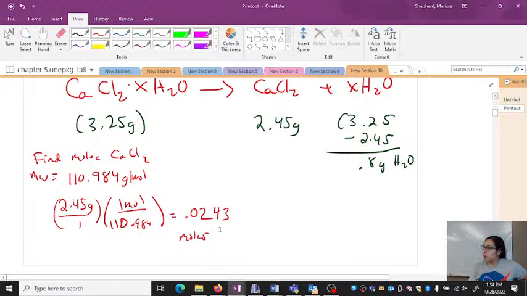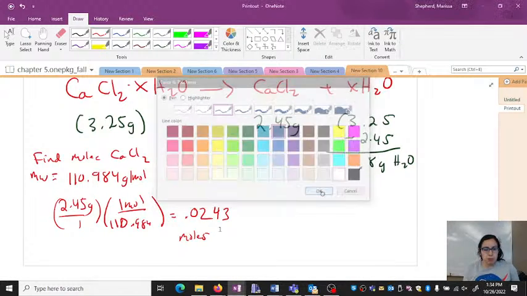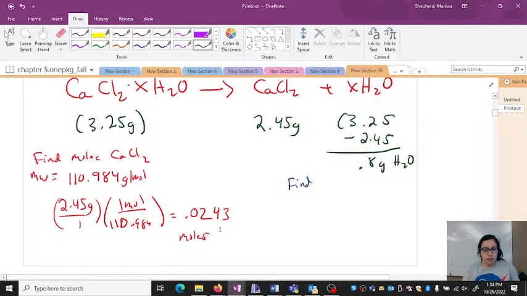So now we have moles of calcium chloride. That's good because we're just trying to find the ratio between them in whole numbers so we can get the formula. And so now let's repeat that for water. So find moles of H2O. We have 0.8 grams.